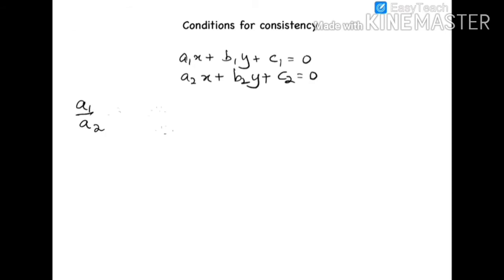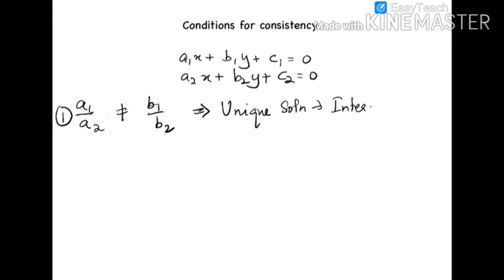So if the ratio of coefficients of x is not equal to the ratio of coefficients of y, then this implies that the pair of linear equations will have a unique solution. So on the graph there will be intersecting lines, and hence we call them consistent.